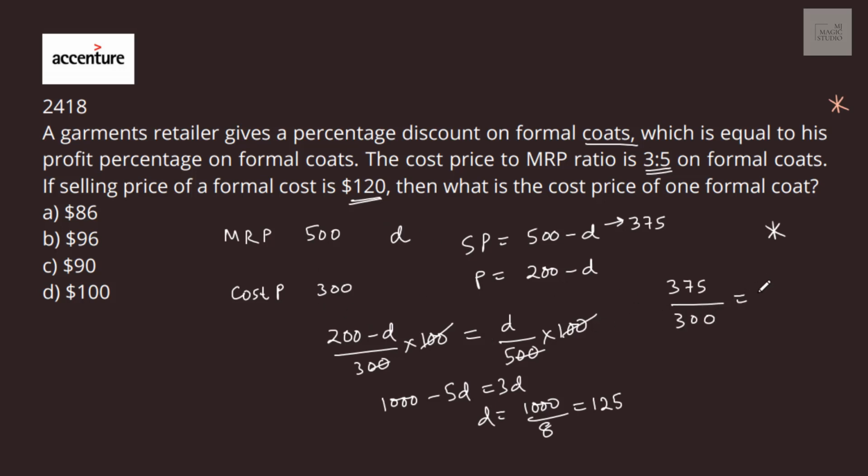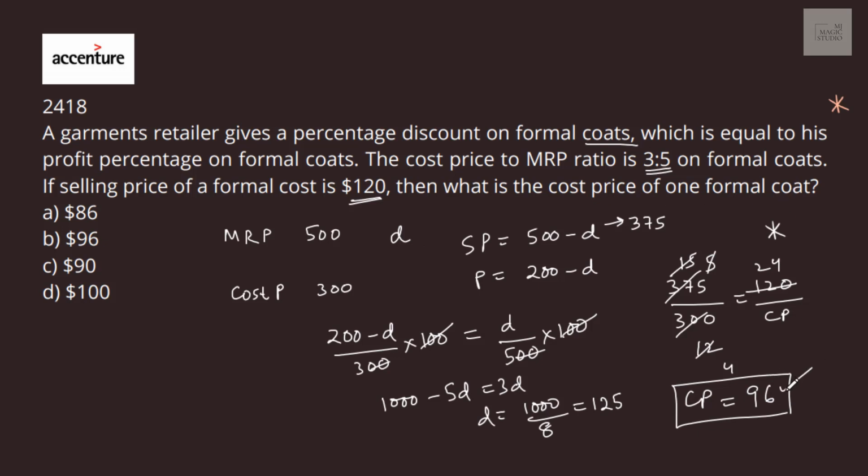So if the selling price is 120, what is the cost price? As simple as that. So 3 into 12, and 3 5s are 15, 12 and 3 5s... 3 4s, here 24. CP is 24 into 4, that is 96. What is the cost price of one formal coat? Cost price is $96, and that features in option B.